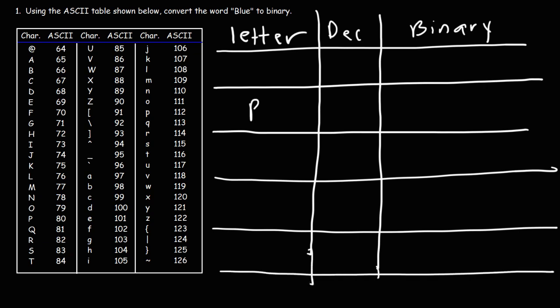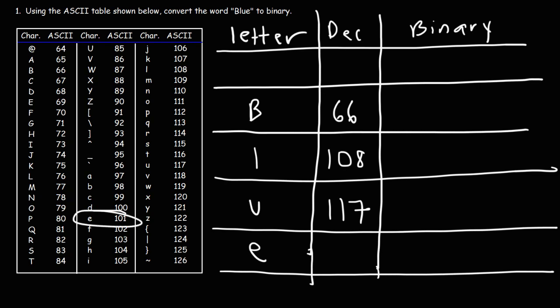The first letter is going to be B, and then L, and then U, and then E. Now we need to pay attention to the capitalization. Capital B has a decimal value of 66. Lowercase l has an ASCII decimal value of 108. Then U has a value of 117, and E has a value of 101. These are the letters that you'll find on a keyboard.